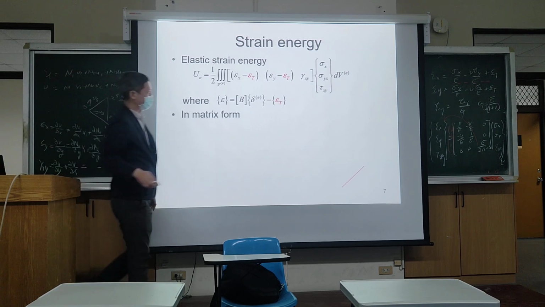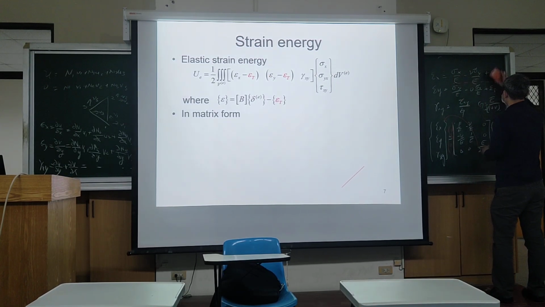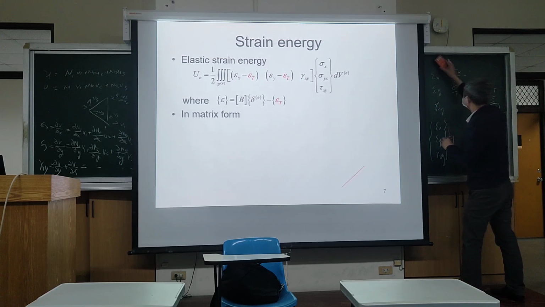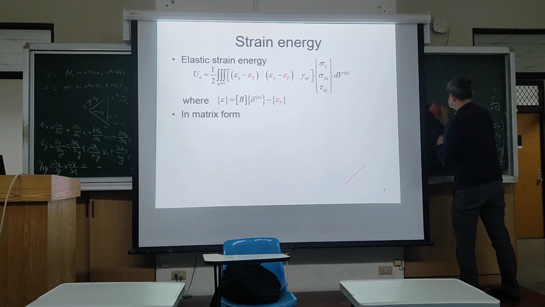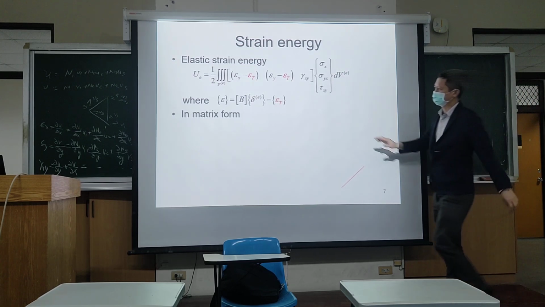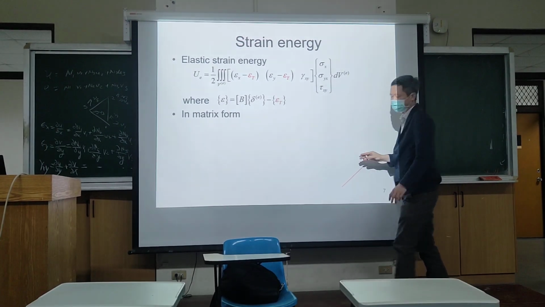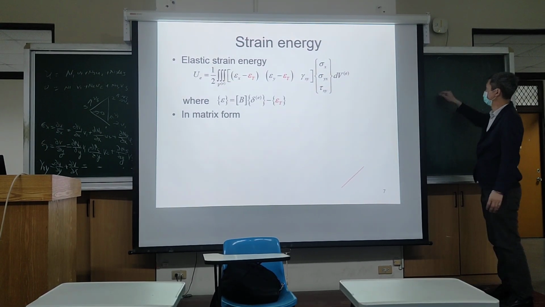So now your strain, I will repeat it so that you know the meaning of B matrix. Okay? So previously that was the expression for strain in the algebraic way.